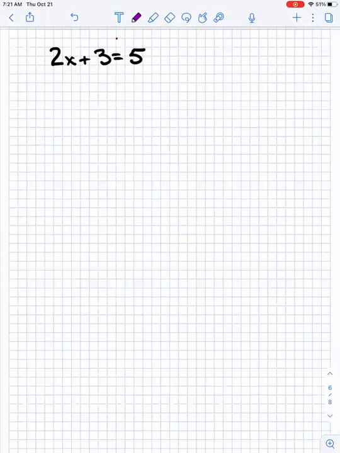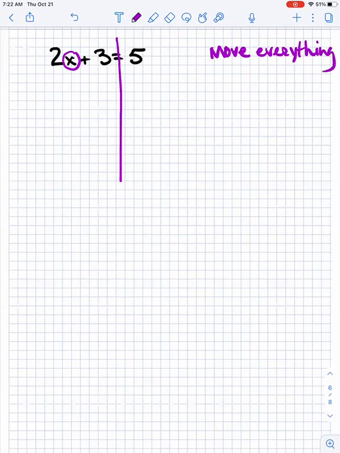So we make a line at the equal sign. I circle my variable. Now I need to move everything outside that circle. And I'm going to do that from distance. So start with the stuff that's farthest away.